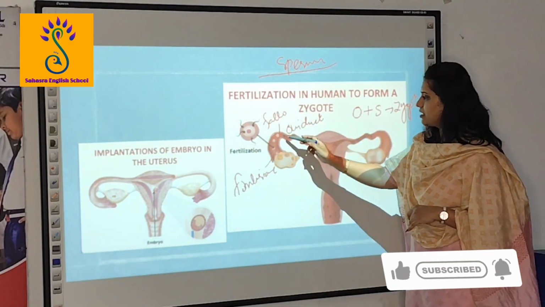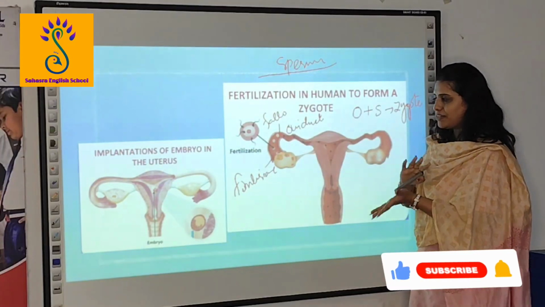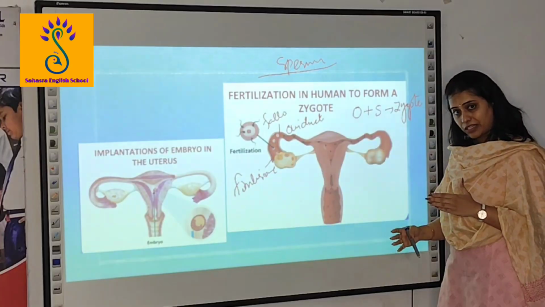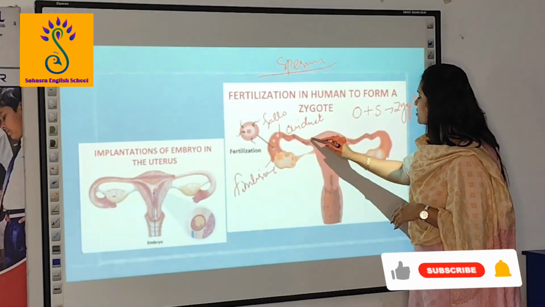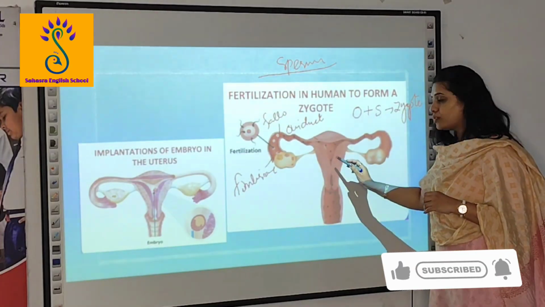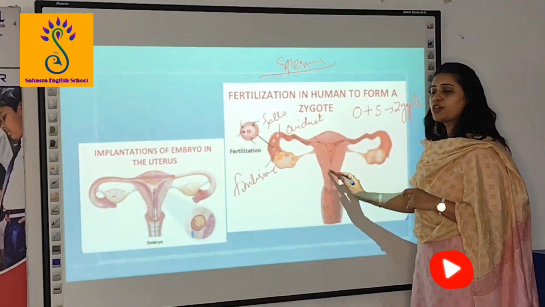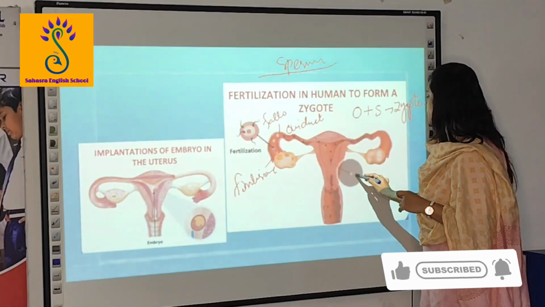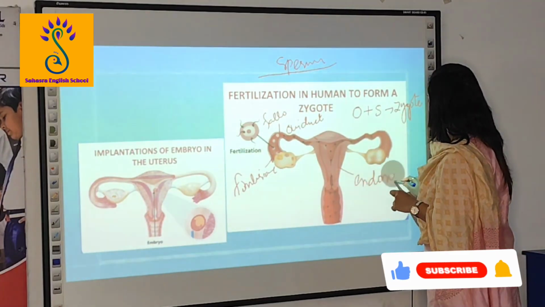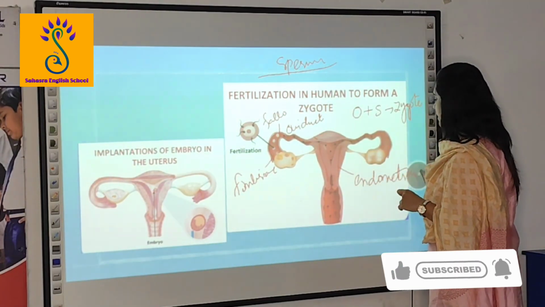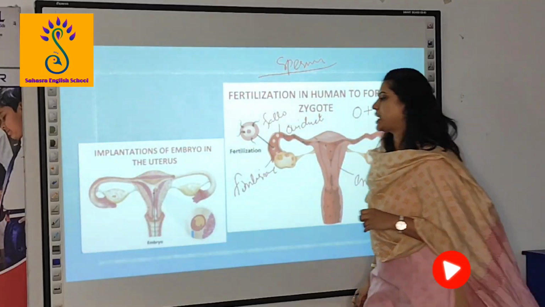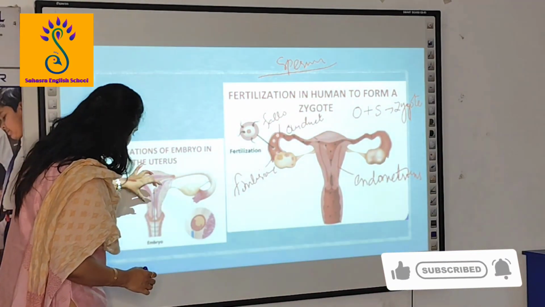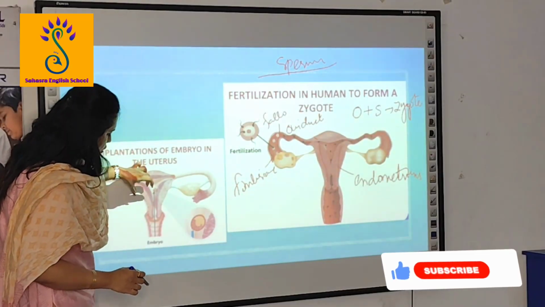It stays here for over 3 days, and multiple cell divisions occur, and it is transferred to the uterus. This is the uterus, and the lining of the uterus is called the endometrium. It takes around 6 days over here. Then the embryo is stuck onto the wall.